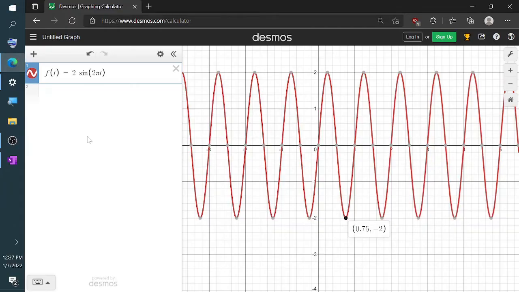So here I am on Desmos looking at the graph of the function f of t equals 2 sine of 2 pi t. This sinusoidal function is currently a match to our real-world cyclical behavior in its amplitude, in its period, and in its midline.